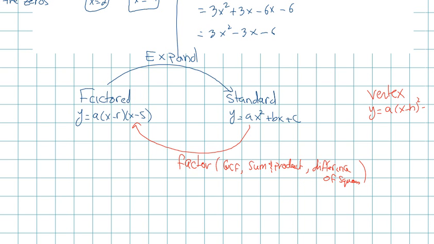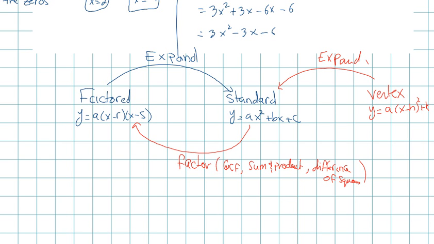That's the only one that we learned. And that is expand. So anytime you want to go to the standard, you have to expand. Okay? There is no way that you can go right away from vertex to factored. It's impossible. There is a way to go from vertex to standard, but you guys don't learn it.